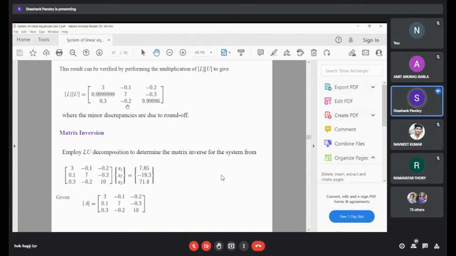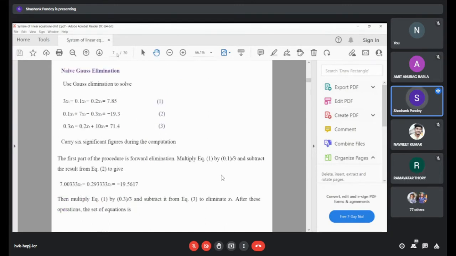The application of why we are doing this LU decomposition is that we want to calculate the inverse of this matrix. This is a 3 cross 3 matrix of coefficients. We are not considering the right hand part.